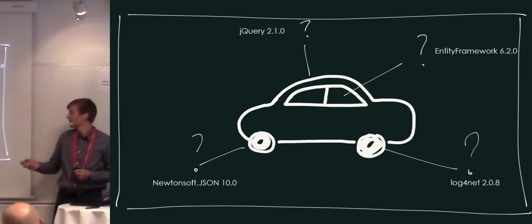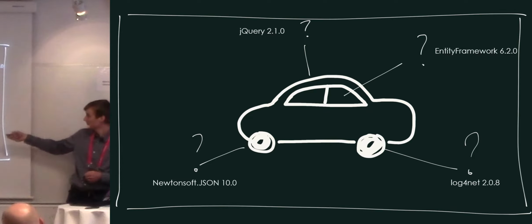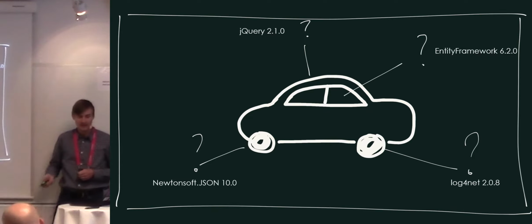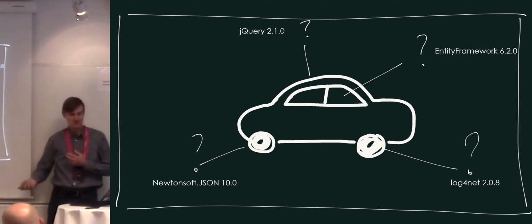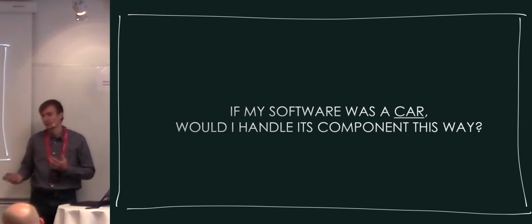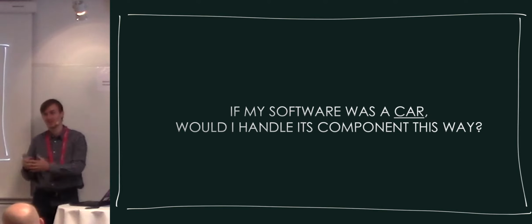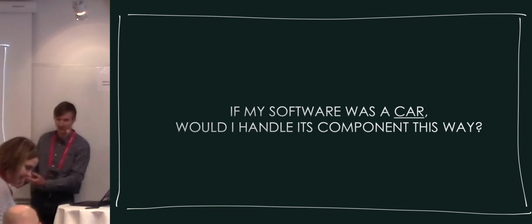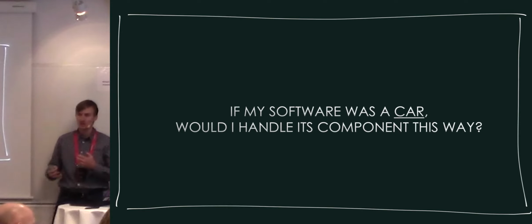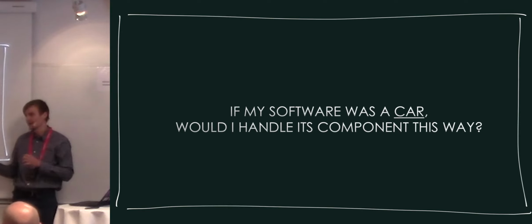If we move forward, let's say every component is some sort of library, and before making a decision about a component, you can ask yourself, if my software was a car, would I handle this particular component this way? And then compare it to how you would handle it if it were a library in the software. I felt before that I had this perception that the importance of dependencies is underestimated. And I'm here to change this perception a bit and bring some more light to particular points about dependencies.